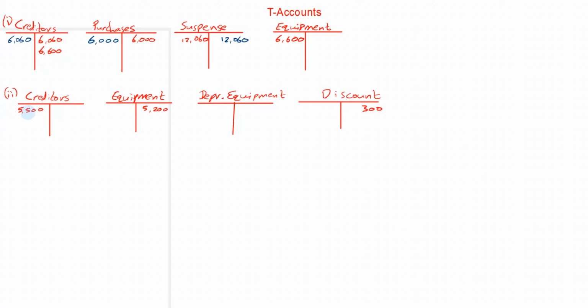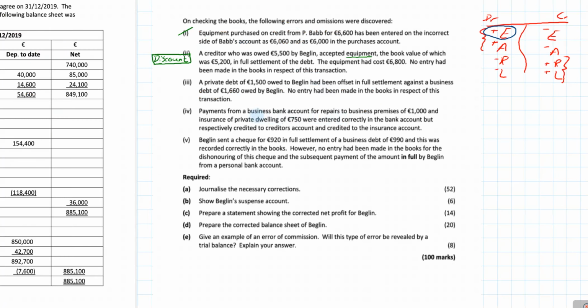We could put down 5,200 and the double entry would be here and here, and then put in 300. We could do it that way. We could just accumulate it in the creditors, 5,500, and then go to discount over there.